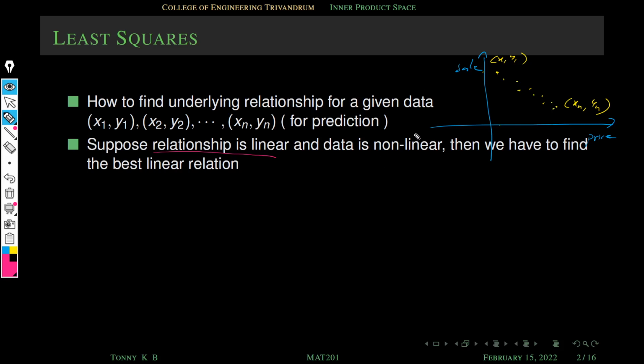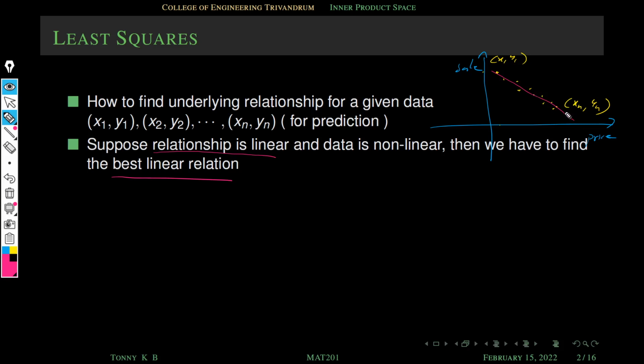We have to find a best linear relationship for this data, but normally data is not exactly linear, because data are collected from real situations, so they involve some noise. Our aim is to find a best linear relation. In this example, a best linear relationship looks almost like this.